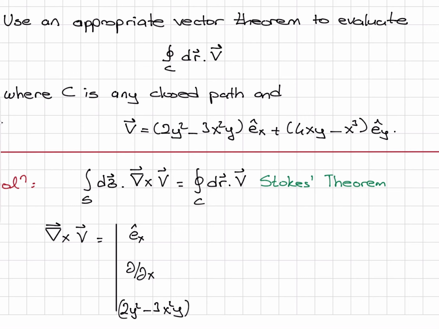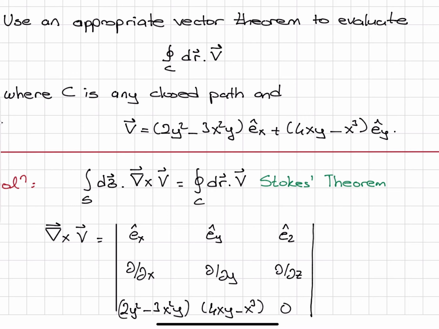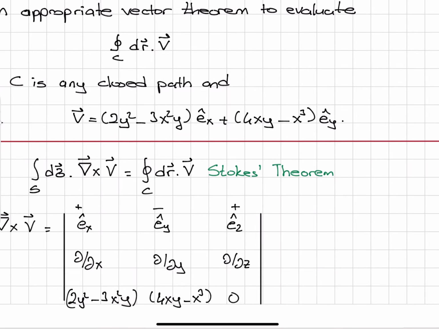Then we have ey hat del y, component 4xy − x³. And then we have ez hat del z, 0, because there is no z component for this vector. And we're going to take this with respect to the first row.